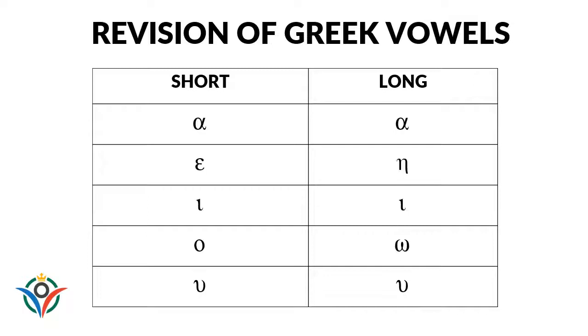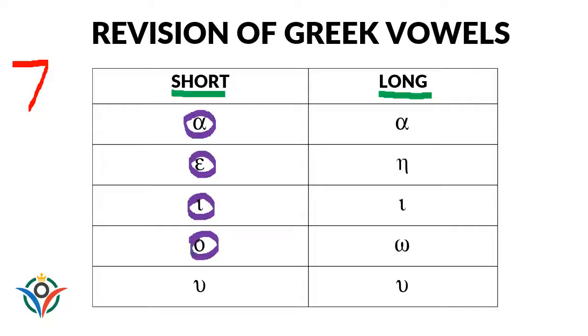So if you remember, in the first lesson we covered the Greek vowels and we learned that there are 7 vowels, and they can be divided up into short and long vowels, and that refers to the length of time that it takes to pronounce a vowel. And so we learned that there are 5 short vowels: the alpha, the epsilon, the iota, the omicron, and the upsilon.